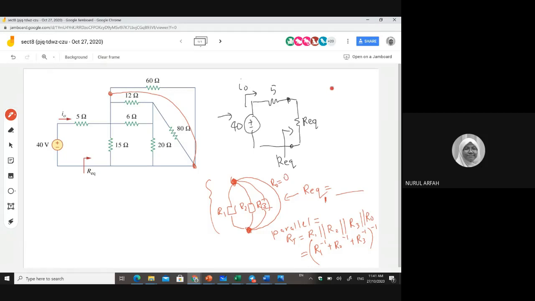And because of that, we can remove this one. It should be R0 inverse plus this, and everything inverted.